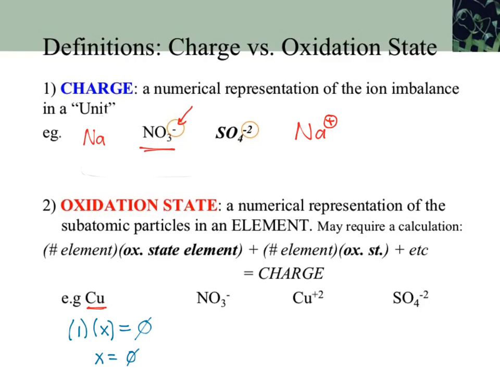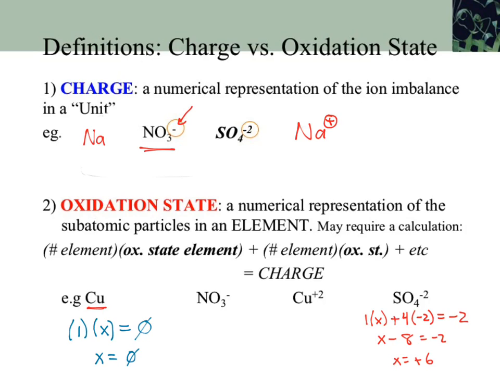To solve for the sulfur, well, there's 1 sulfur. I don't know its oxidation state, plus how many oxygens? 4 times the oxidation state being -2. This then must equal the overall charge, -2. We can solve x minus 8 equals -2, x equals +6. Make sense? So that's our old school way of determining oxidation states according to general chemistry.